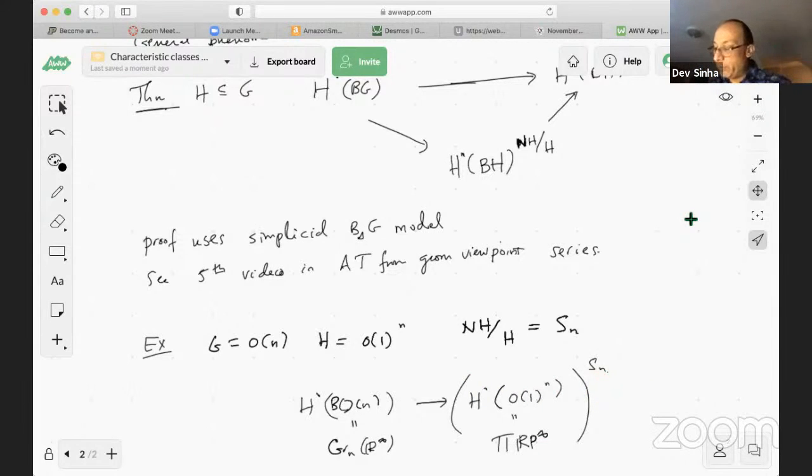And in fact, it was isomorphic onto the image of the S_n invariants.